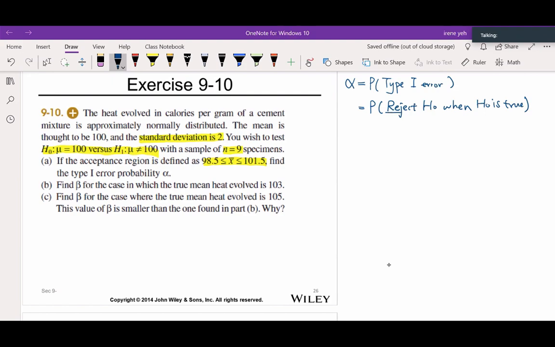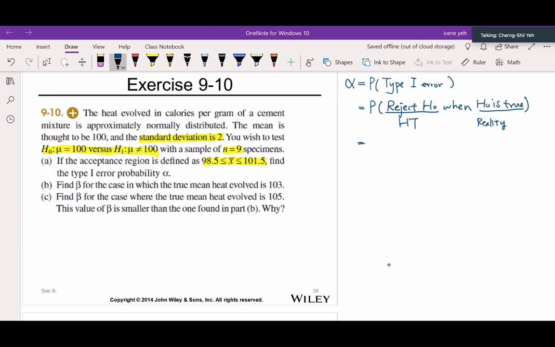Okay, this is our hypothesis testing. This is the reality. Our hypothesis testing will lead to the conclusion of rejecting the null hypothesis when it is outside the confidence area, right?